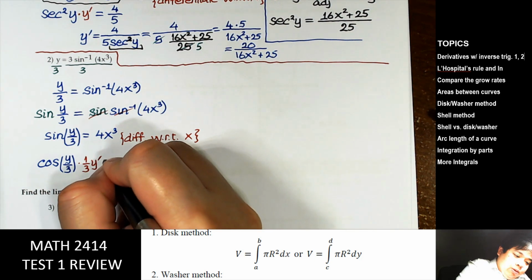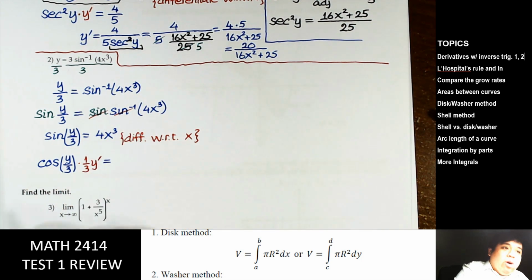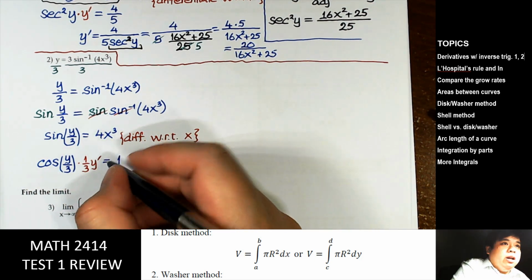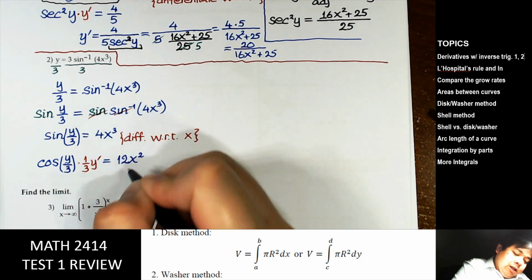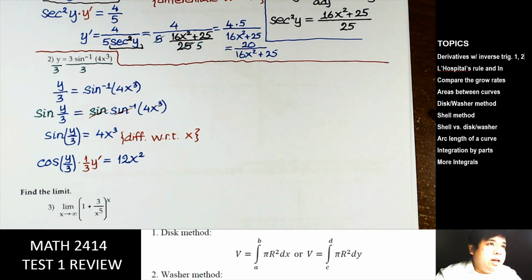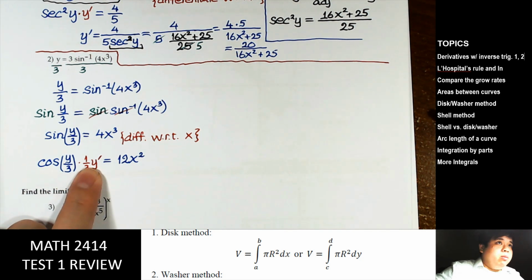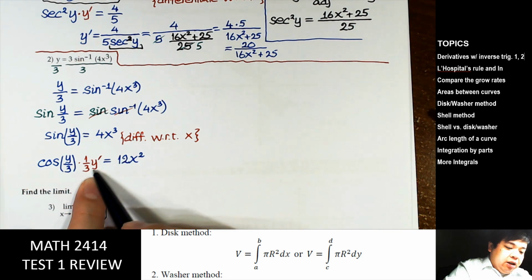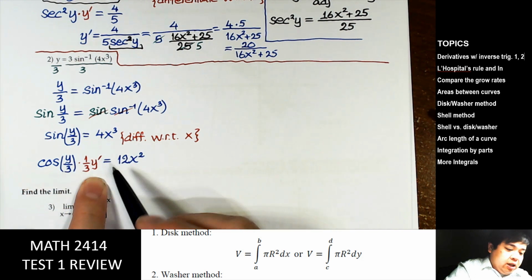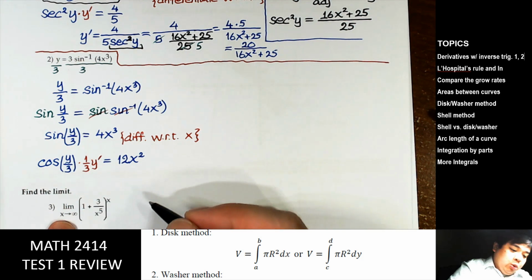This is equal to the derivative of 4x cubed, which will be 12x squared. Right? We solve for y prime. So we multiply by 3 on both sides, and divide by cosine of y over 3.